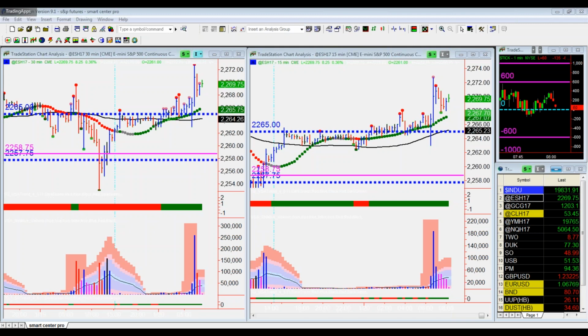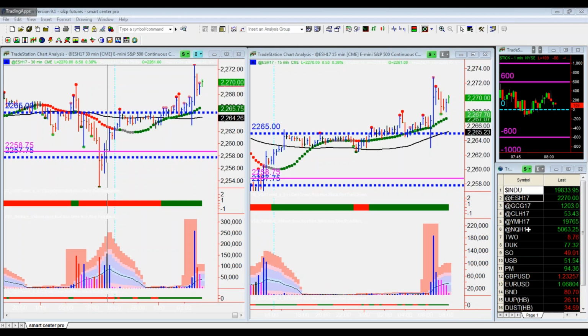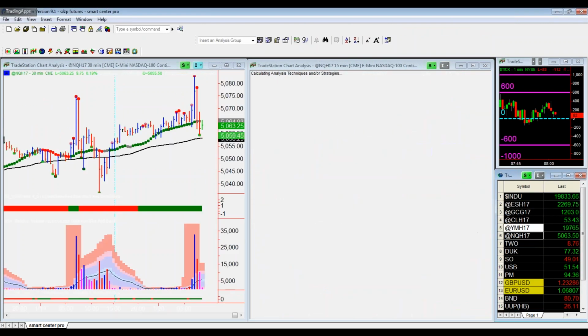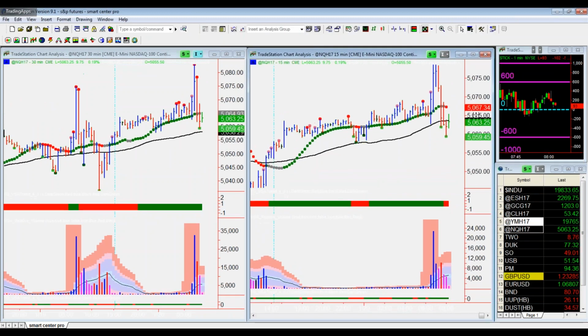What we'll do is get long the NASDAQ here. Look for this breakout. The stops in place. Gonna watch the 69 level here.